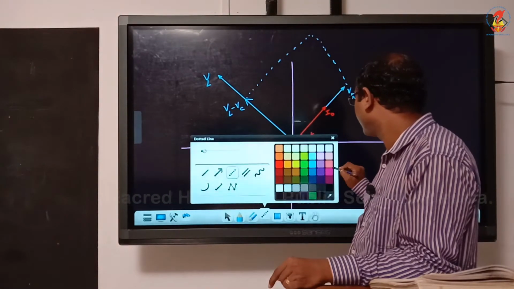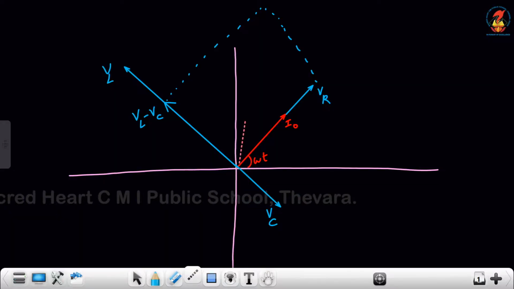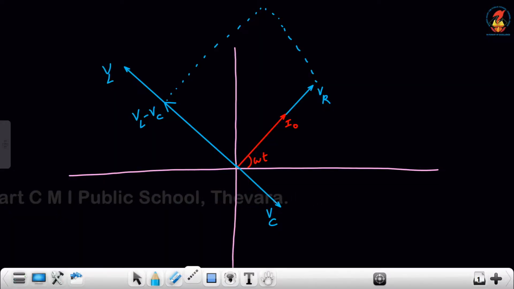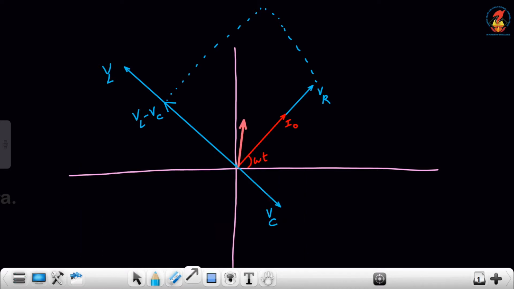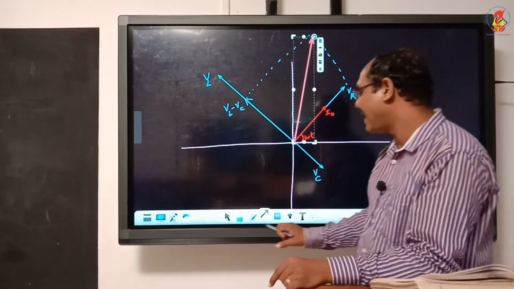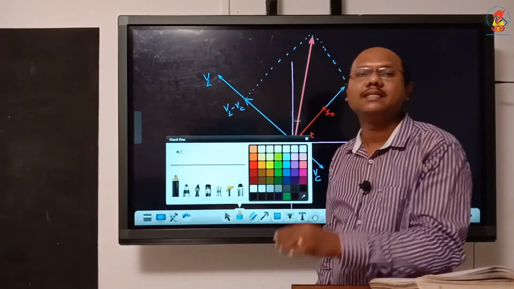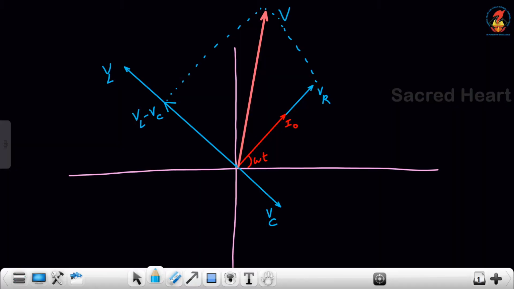So I am going to draw the diagonal from here. This is the diagonal. This diagonal will give the resultant vector. So the resultant voltage V is marked here.